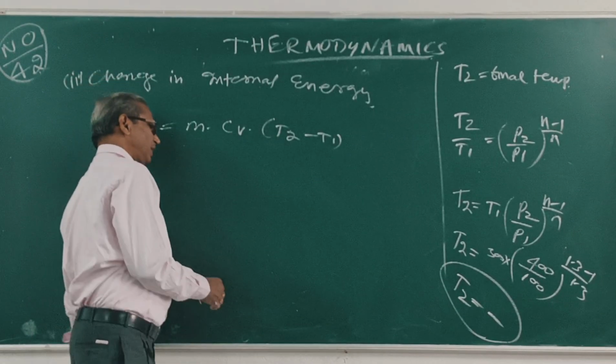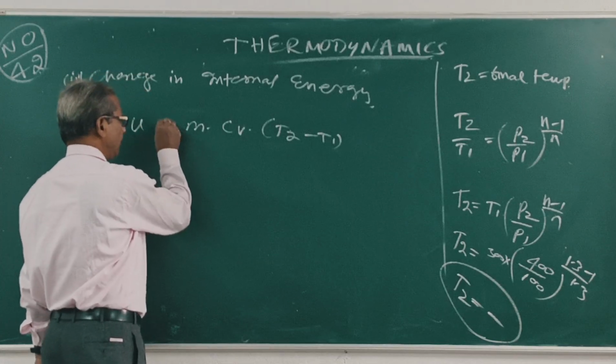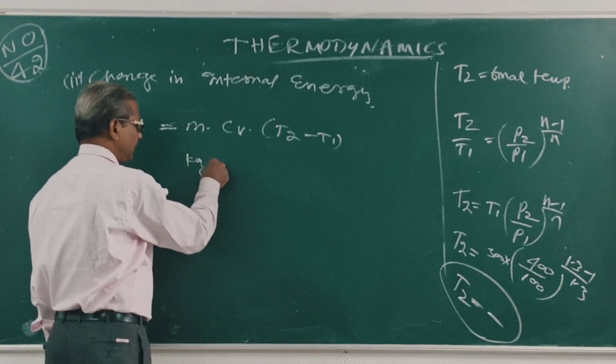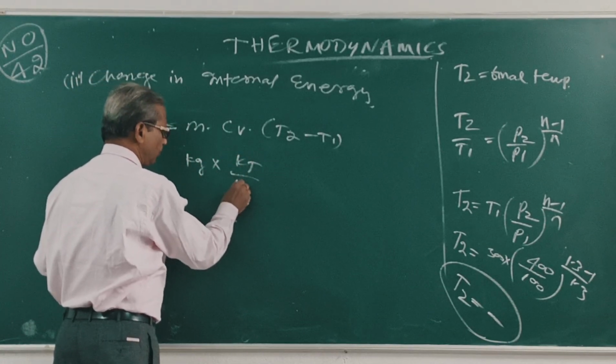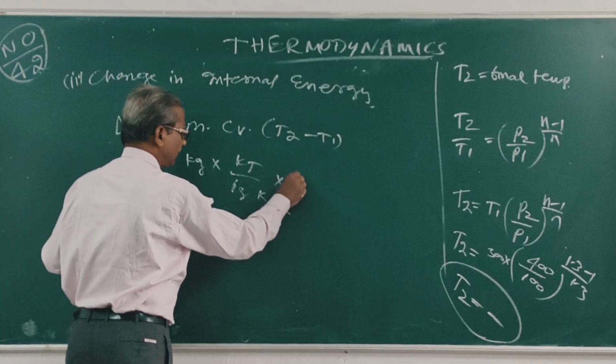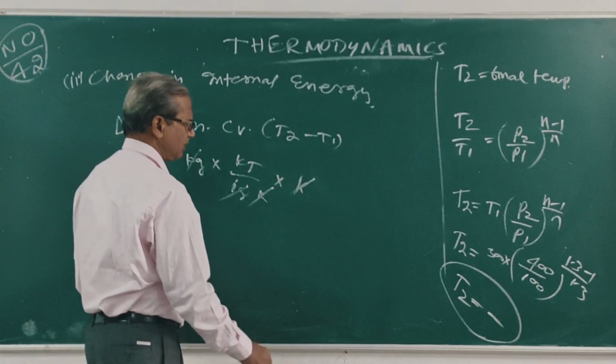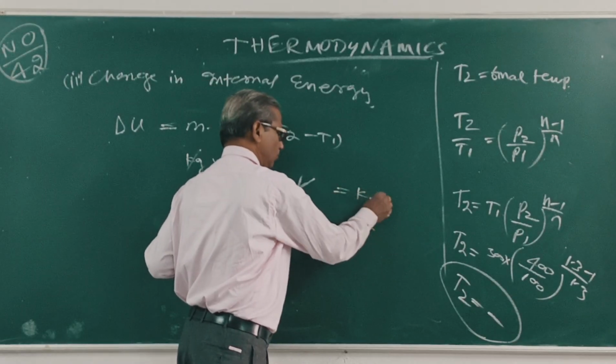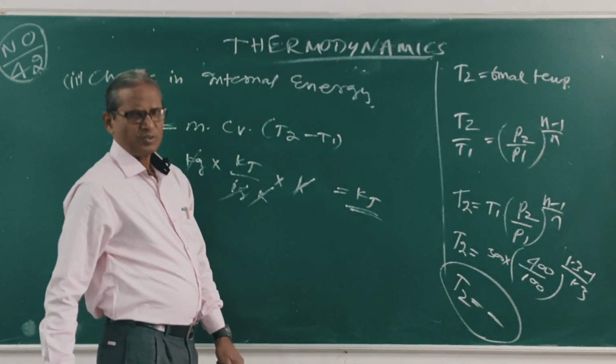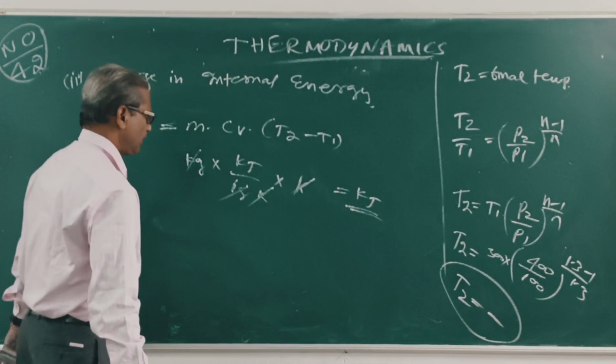Find the answer in kilojoule. m is in kg, Cv is in kilojoule per kg Kelvin, T2 minus T1 is in Kelvin. So kg and Kelvin cancel. The answer is in kilojoule. Right. Next, heat transfer.